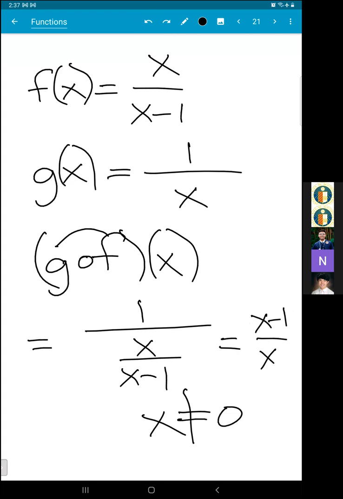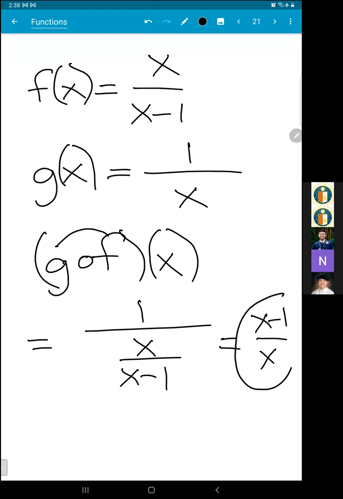Anyone? You can unmute or explain in the chat box. Sir, in the denominator x over x minus 1, you should take into consideration the x minus 1. Yes. Okay, correct. Nice observation.